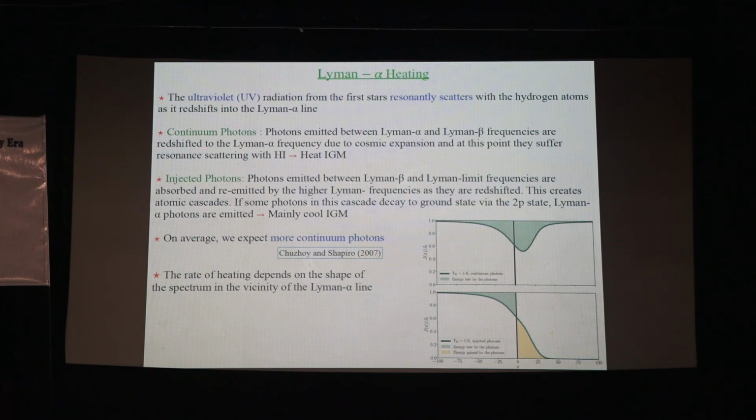There are broadly two types of Lyman alpha photons: continuum and injected. The continuum photons tend to heat up the IGM, while injected photons mainly cool the IGM, and on average we expect more continuum photons. So Lyman alpha heating on average heats up the intergalactic medium, though of course it depends on several other things like X-ray heating. The rate of the heating depends on the shape of the spectrum in the vicinity of the Lyman alpha line.